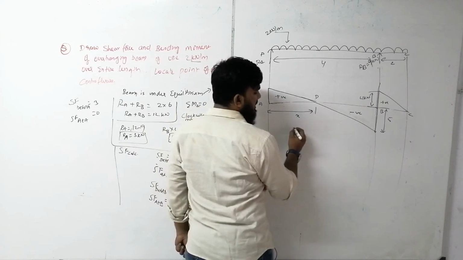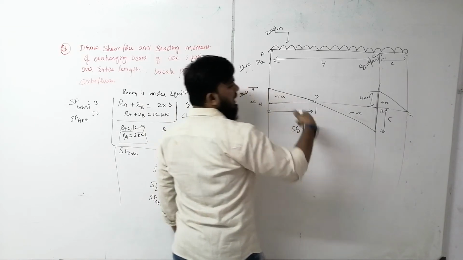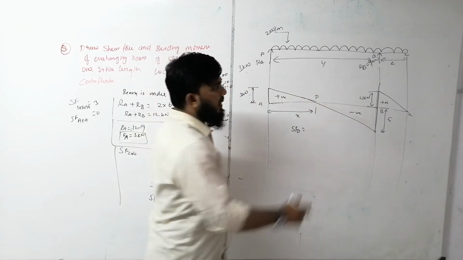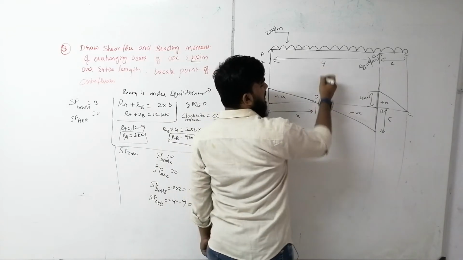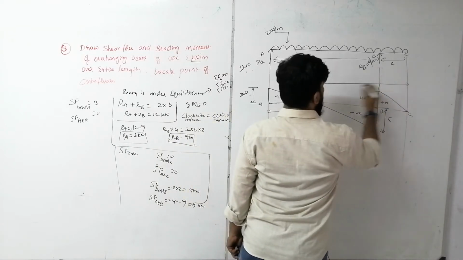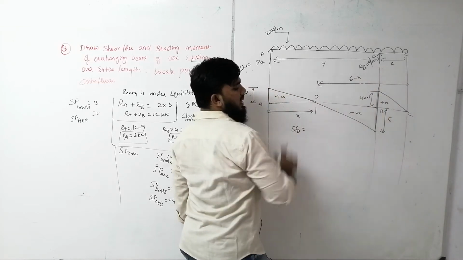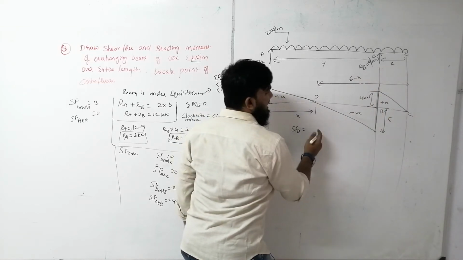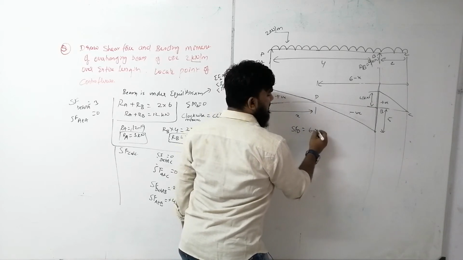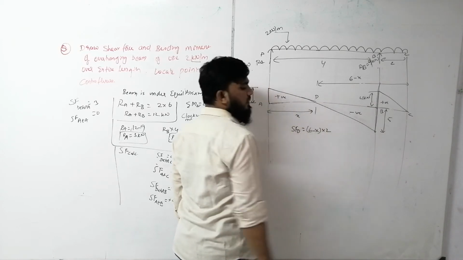How to identify the shear force at point D is, do the calculation from the right side. This is x, so what will be the total length? 6 minus x, because the total length is 6 and this x is gone. The UDL is acting in the downward direction, of 6 minus x length into load of 2.